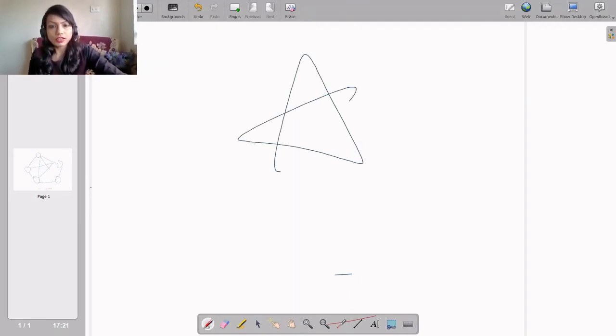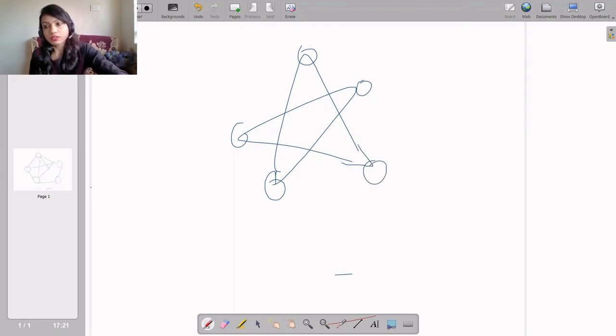Assume we have this graph. Now we have to color it such that we use the minimum colors, and this vertex should not have the same color as this one, and this vertex doesn't have the same color as this one.